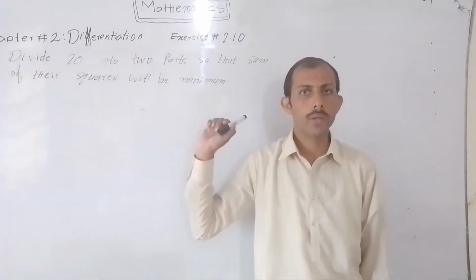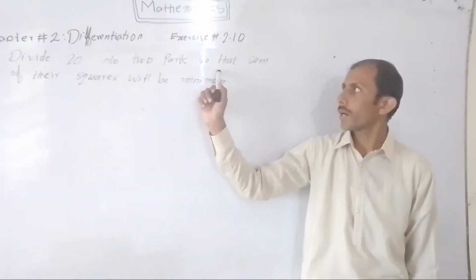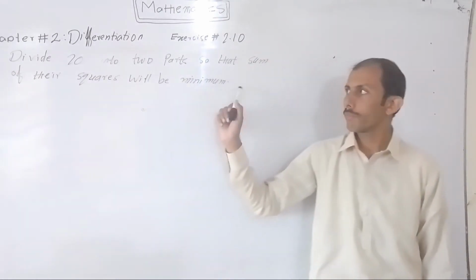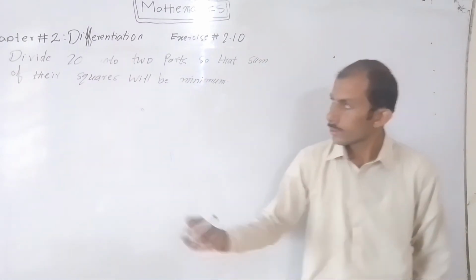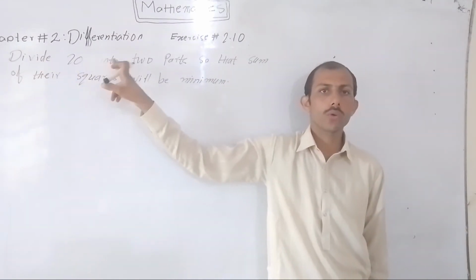Next, question number 2. Divide 20 into 2 parts so that the sum of their squares will be minimum. Solution: Divide 20 into 2 parts.